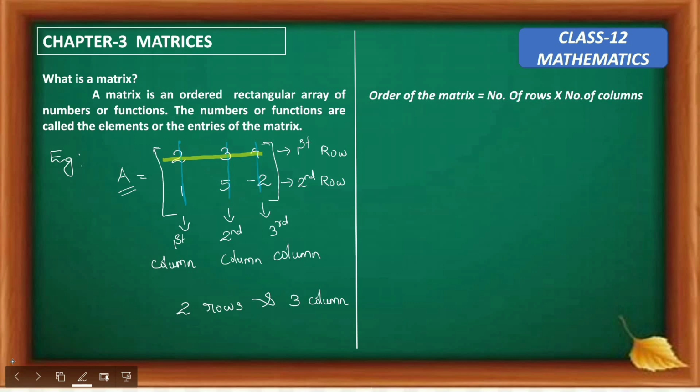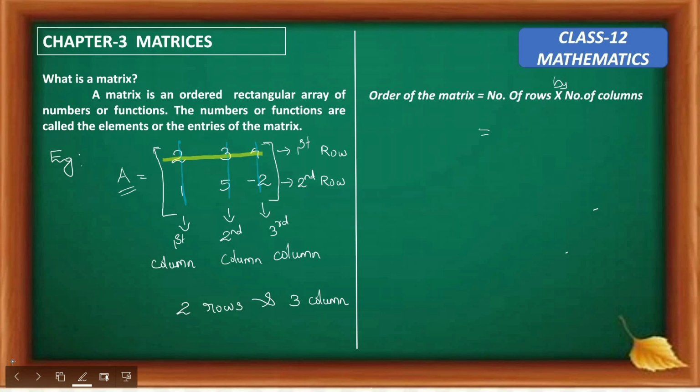The next topic is the order of a matrix. What is the order of a matrix? It means number of rows into number of columns. We read this as number of rows by number of columns. In this given example, how many rows can you see?